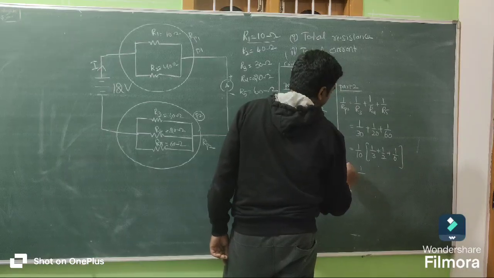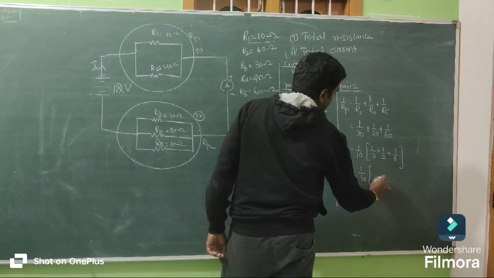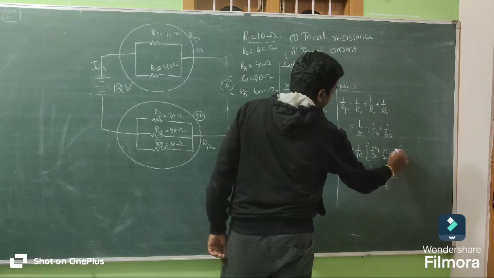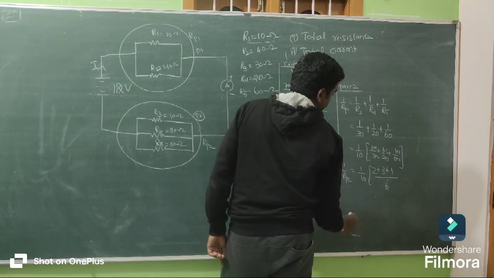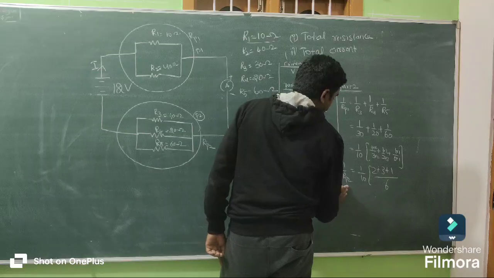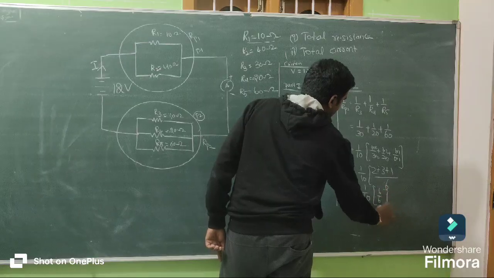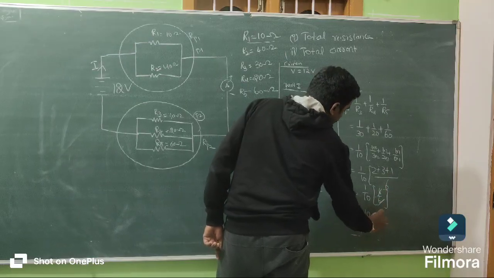LCM as 6: 2 plus 3 plus 1, so 1 by RP2 is equal to 1 by 10 times 6 by 6. Cancel. RP2 is equal to 10 ohm.